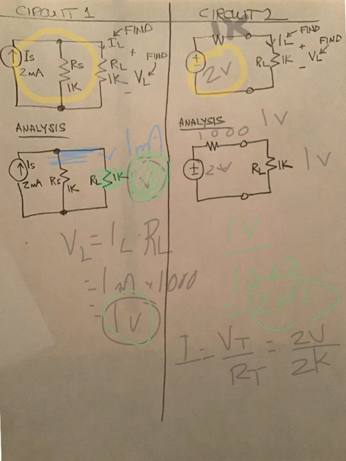That's 1 milliamp, isn't it? What the heck am I talking about here? It's not 2 milliamps. It's 1 volt divided by 1,000. My mistake. There it is. That's 1 milliamp of current. So as you can see, according to the load, both circuits are driving the load with exactly the same voltage and exactly the same current.